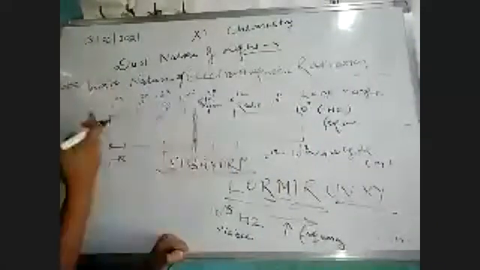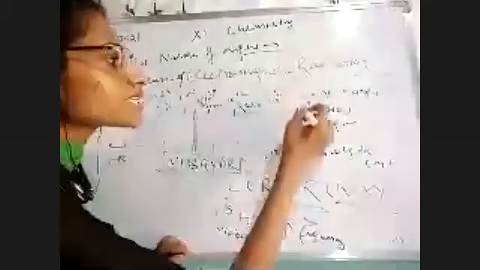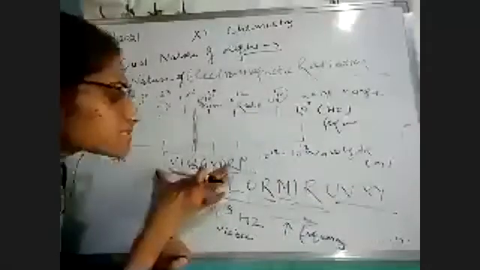Higher frequency, because we are going in this way to higher frequency, and this is our 10 raised to power 0, 10, and here 10 raised to power 24. And it lies somewhere here. That means the red color is at lower frequency and the violet color is at higher frequency. Why am I stressing this topic so much?